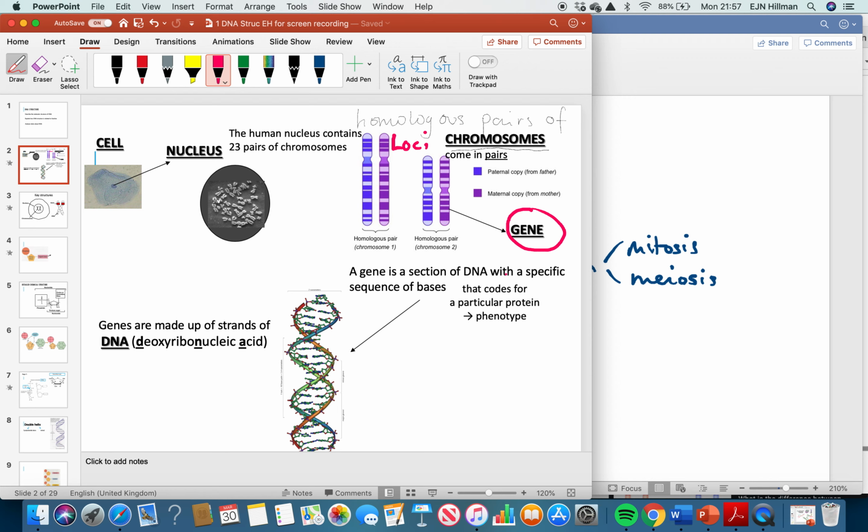Okay, so what is a gene, you're probably asking? Well, a gene is a section of DNA with a specific sequence of bases. Now I'll come back to what these bases are later on, but the sequence of bases is what we refer to as the genetic code. And that genetic code codes for a particular protein, or a particular sequence of amino acids that form a polypeptide.